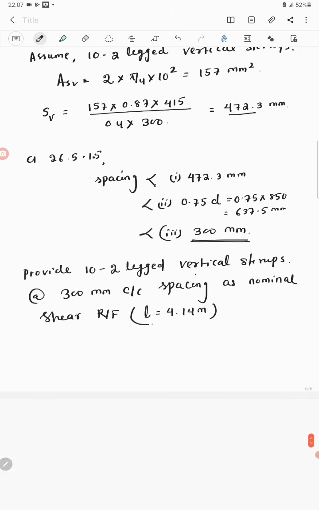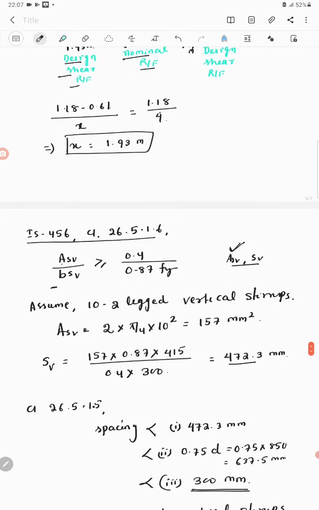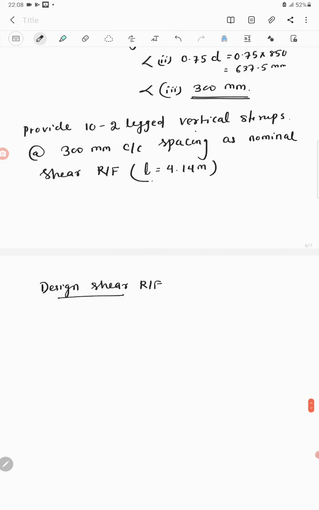Okay, so next for the rest part we'll calculate the spacing, that is your design shear reinforcement. So this is your nominal shear reinforcement and this is your design shear reinforcement.